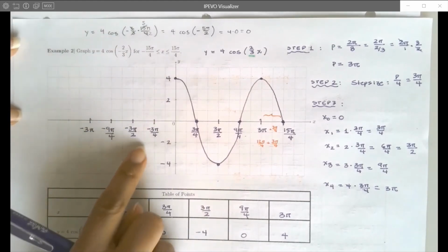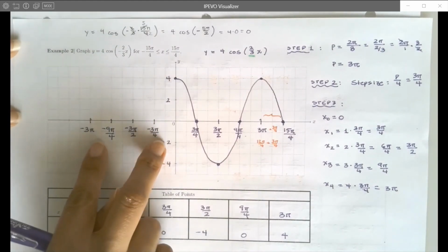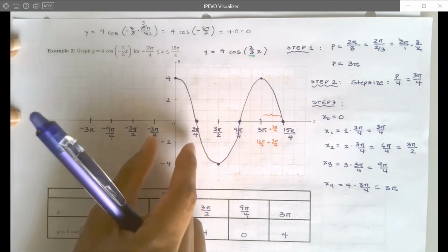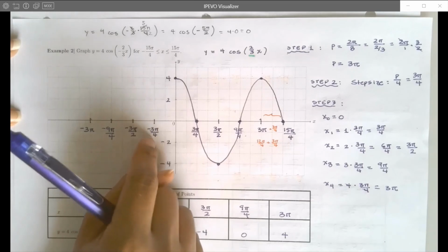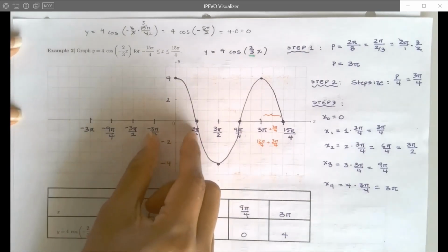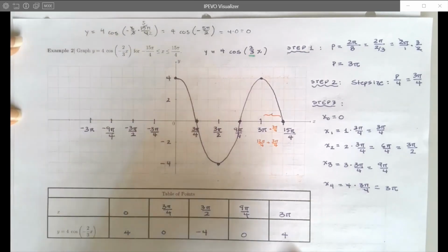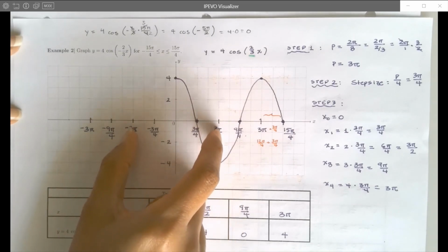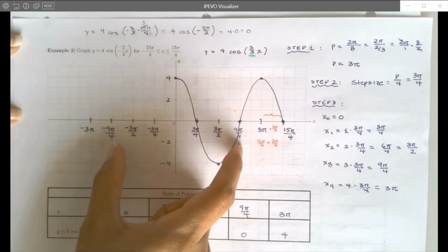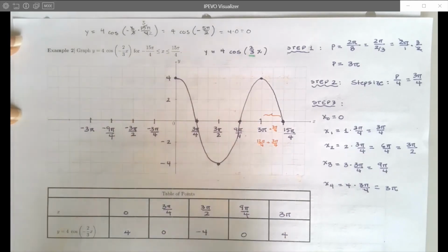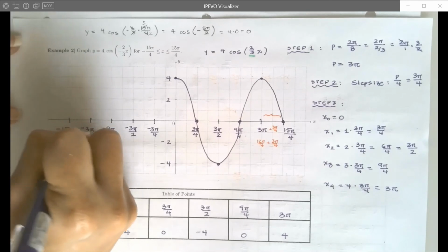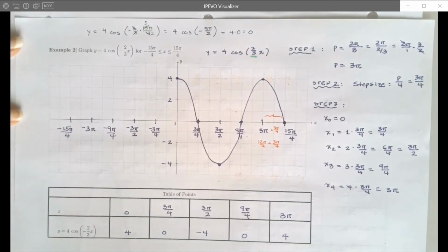And I'm quickly getting these values simply by reflecting them over, right? -3 pi over 4 is a reflection of 3 pi over 4. Then 3 pi over 2 and -3 pi over 2, well, those have the same distance from 0. Same is true about these last tick marks, all the way down to -15 pi over 4.